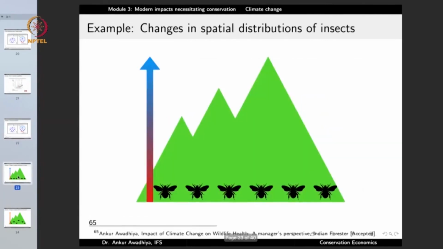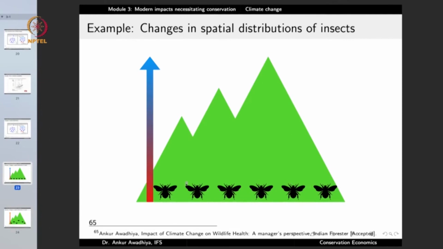A good example is the spread of insects in the mountains as the temperatures are going up. Now, as we move up, the temperature goes down. There are a number of species of insects that are only able to tolerate the warmer conditions. They cannot tolerate the colder conditions.